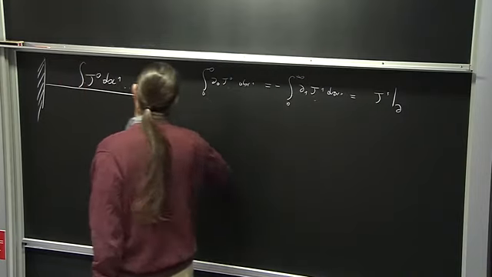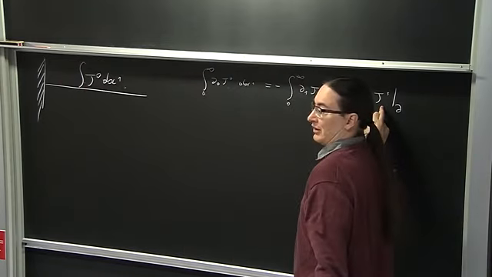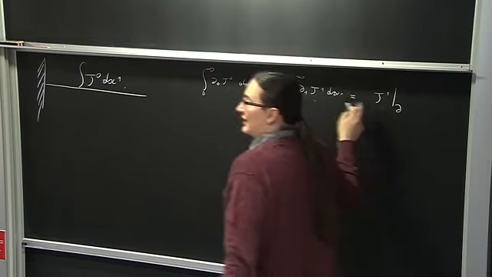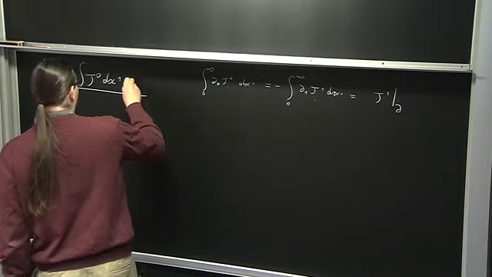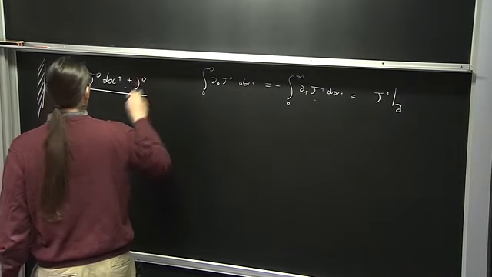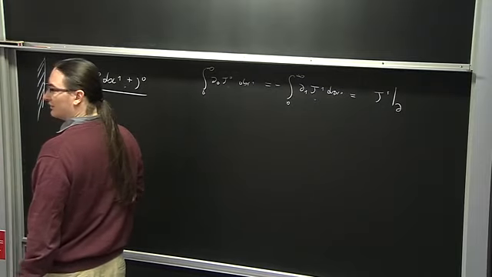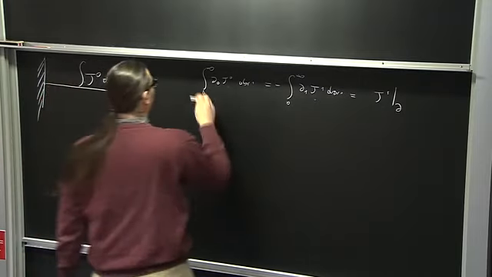I have two possibilities. Either this just vanishes by the boundary conditions, then I'm done. But if this does not vanish, what I can do is add a boundary current which just lives here. Then here I get an extra term.